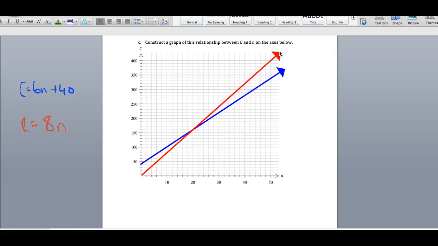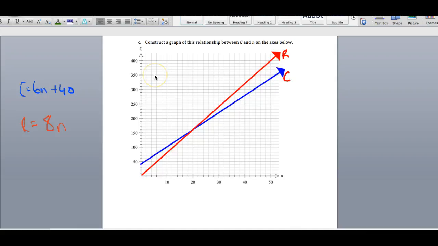Okay, so there's your revenue equation, your cost equation. If you ever have to draw more than one graph, you should differentiate between the two. Here I've differentiated using color, but if you're using the same colored pen, then you need to actually write what they are. So you can just say, this is revenue and this one's cost.